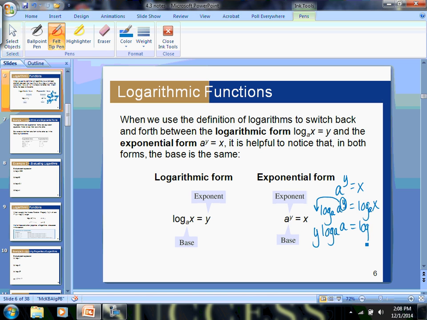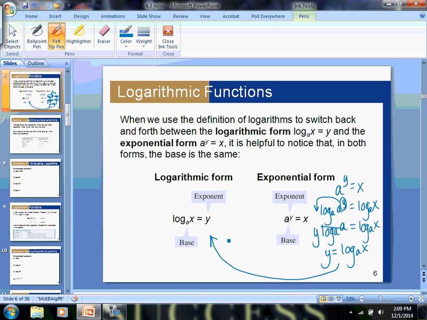The other property that we're going to apply here is that when you take a log of base a of that same number or term as the base, so if you're taking log base a of a, then they will cancel. So you get y equals log base a of x, which is what they have over here.